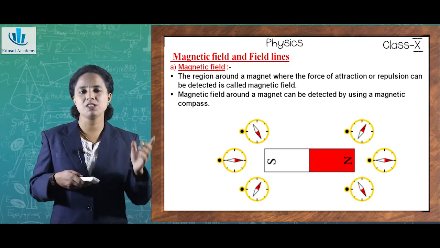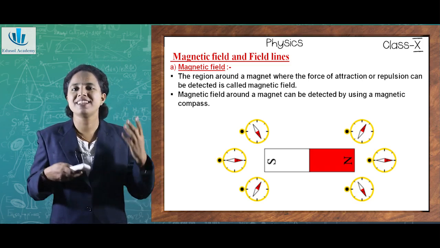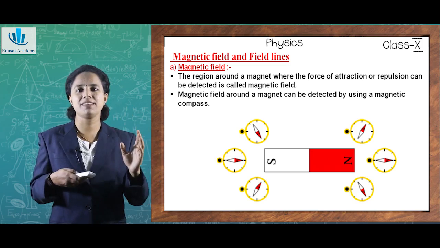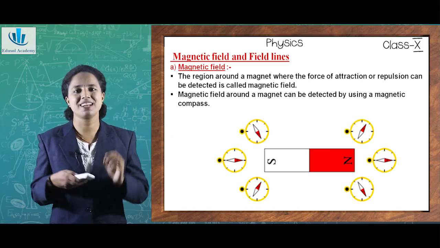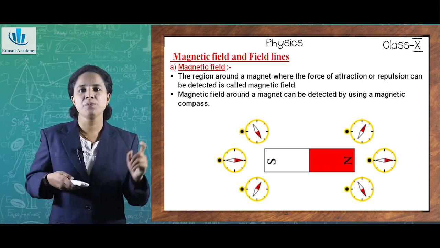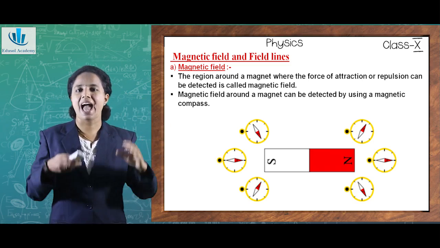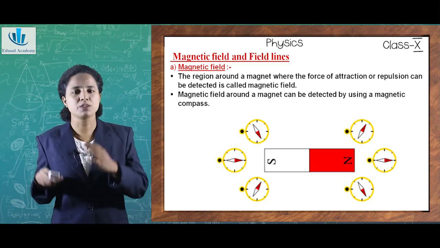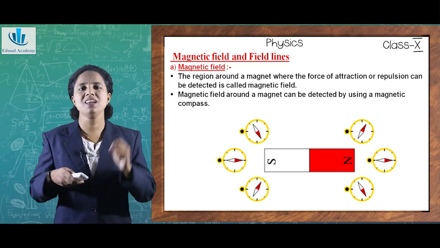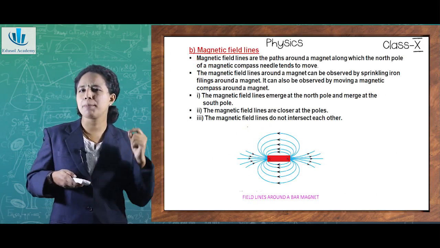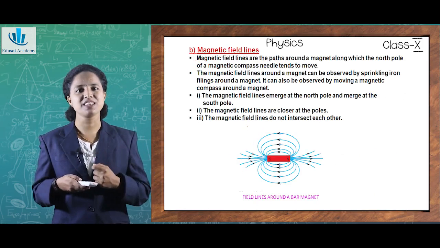In the magnetic compass, when the needle moves or when there is a deflection, we identify that somewhere a magnetic field is there. So, a magnetic field is a region around a magnet, and in that region, the force of attraction or repulsion can be found. And what do you mean by magnetic field lines?